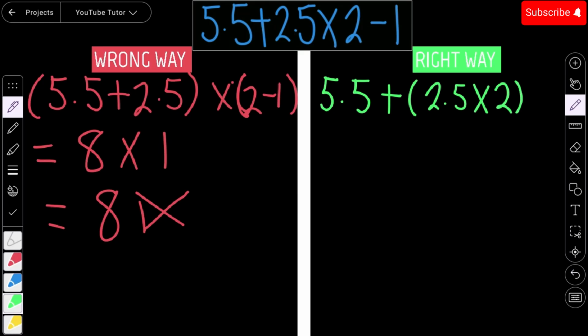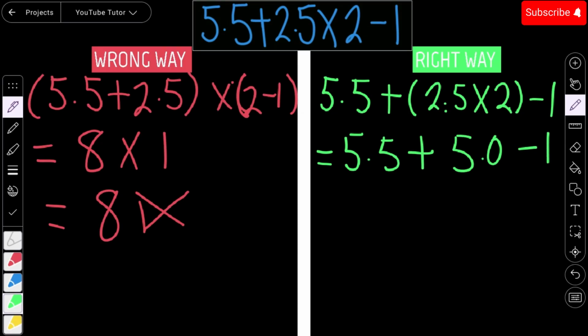Now you subtract the 1 from it after you are done with that operation. So here gives us 5.5 plus 2.5 times 2 gives us 5.0. Then 5.0, then you now come and subtract 1 from it. But we have addition. 5.5 plus 5 gives us what?